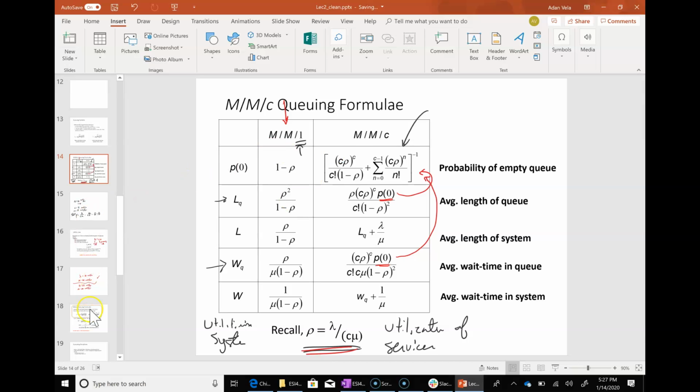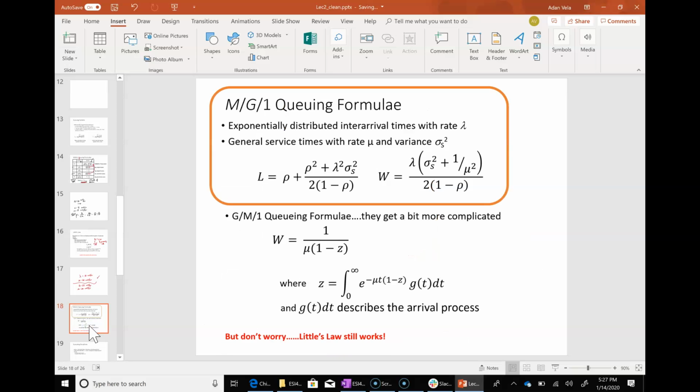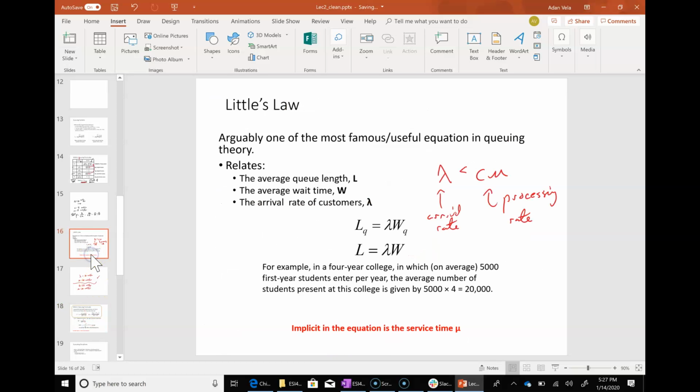Or the other thing that you could do is look at the utilization and check, is that less than 1 or not? If your system utilization is less than 1, then you can use any of the equations. But if your system is being utilized at more than 100%, then your system is unstable.